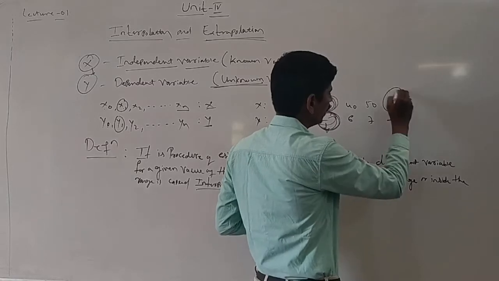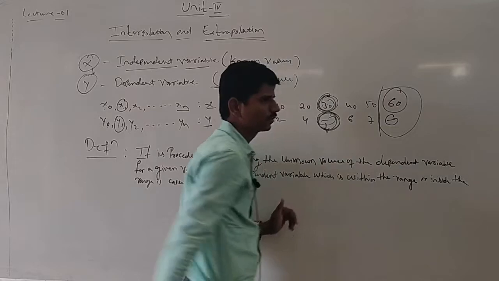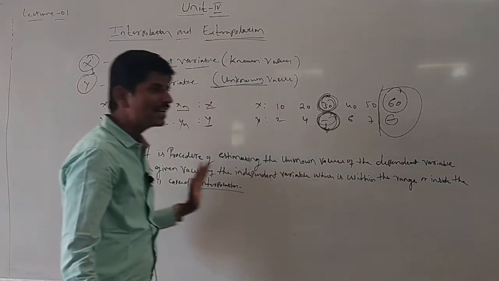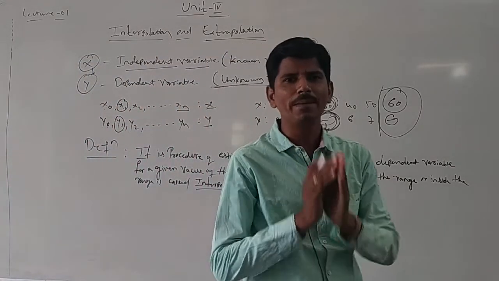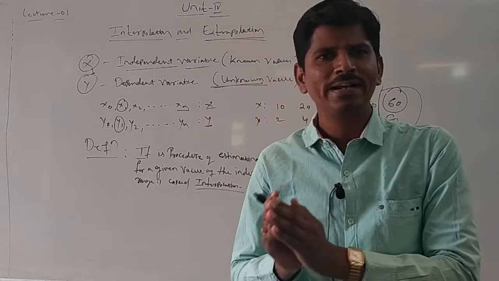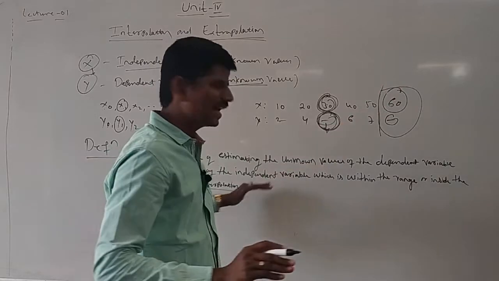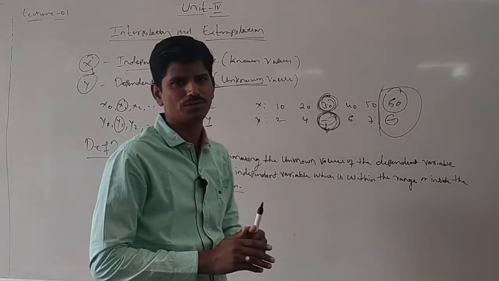Here the x value is 60; find the y value. This is outside the range, so it is said to be extrapolation.